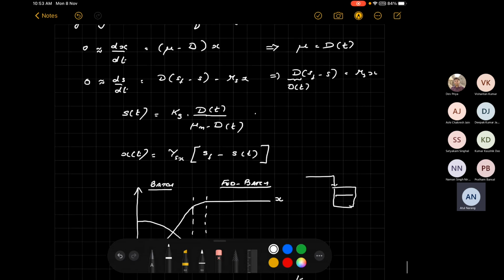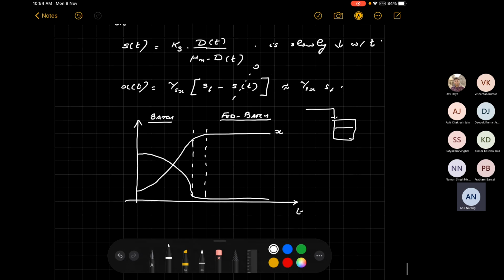If you work your way through, you will see that S of t is slowly decreasing with time, but it's a very, very small number. So small that this quantity is essentially equal to zero. So YSX will be essentially equal to YSX SF.